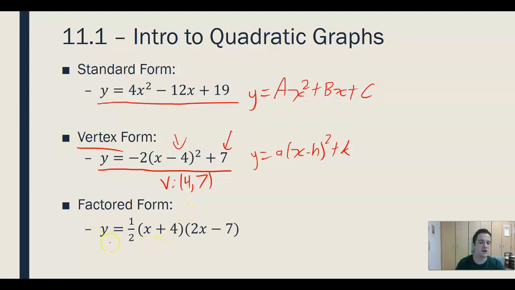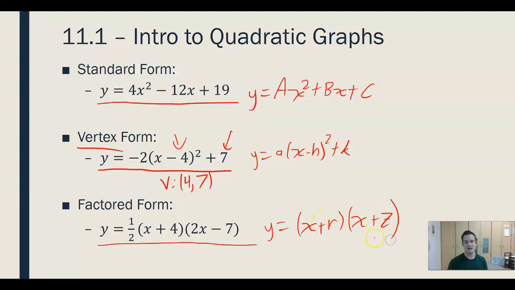The other form that we talked about is factored form. So when I have something like this, x minus r and x minus z, or x plus r and x plus z, two different factors being multiplied together. The reason we like this form is that in this form we can really easily identify where the zeros are, or where the quadratic function or the parabola crosses the x-axis.